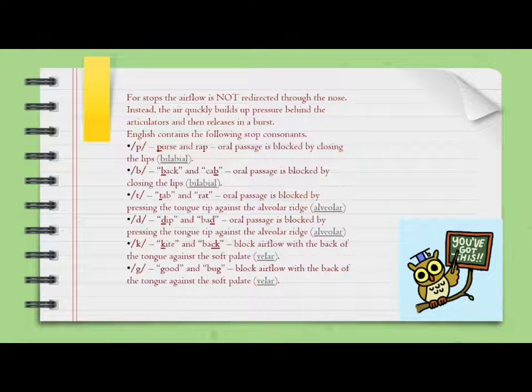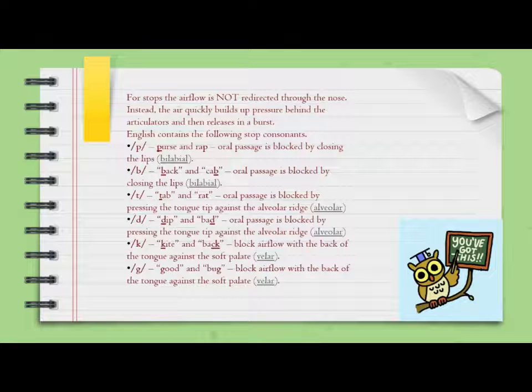For stops, the airflow is not redirected through the nose. Instead, the air quickly builds up pressure behind the articulators and is then released in a burst. English contains the following stop consonants: p, as in pat, burst and rap.